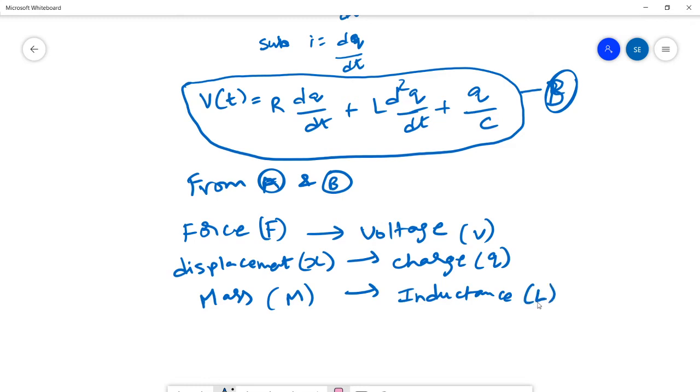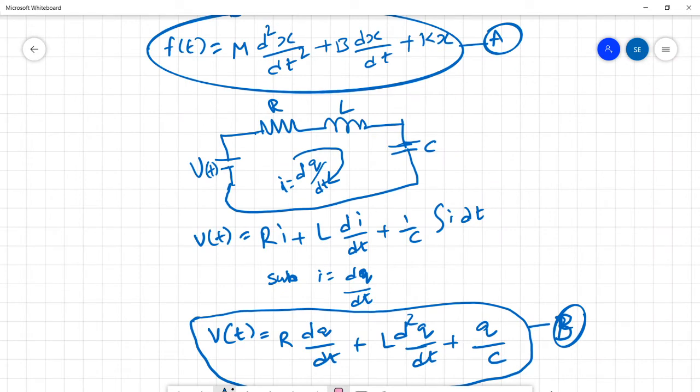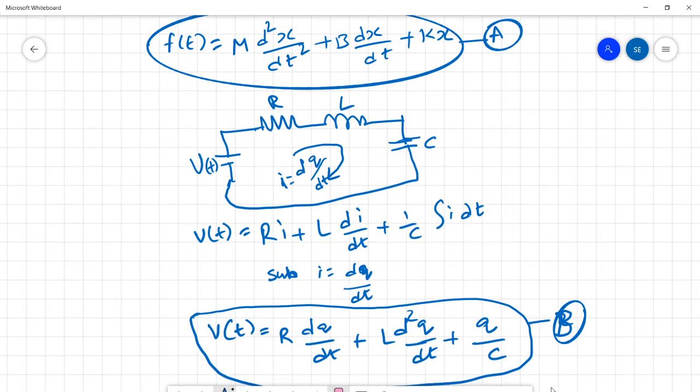Again, what is K? K is the stiffness coefficient, or spring.